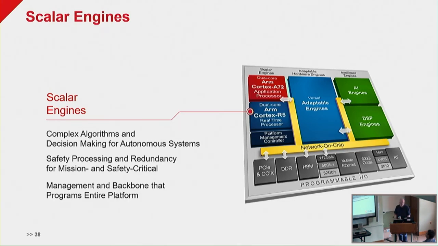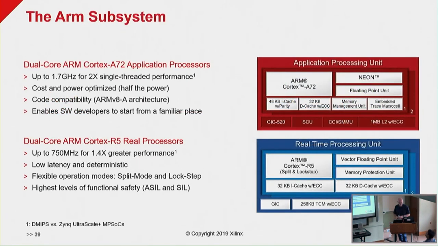And that in itself is a very powerful subsystem, but really you only see the services that it gives you rather than programming. And the ARM subsystems, they're more powerful than the ones you've seen to date. The 1.7 gig is or 1. See, am I reading that correctly? Yeah. And this is a 2 by and then the 1.4 on the R5s, etc. And here, for example, you can do things like lockstep.